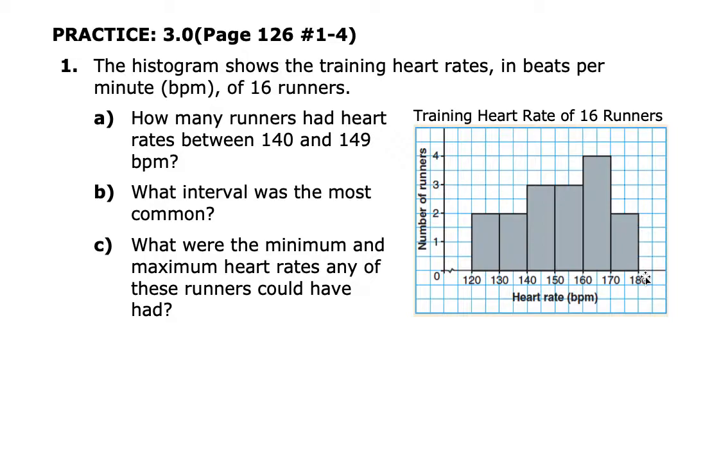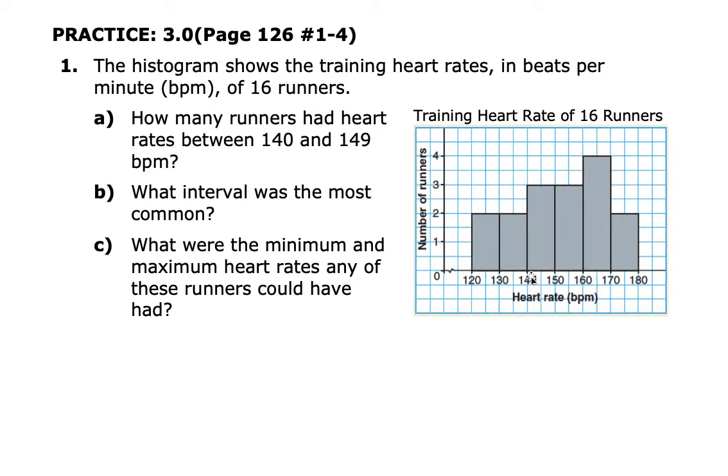So we can group data values into intervals to better understand the distribution of data. Here we see the most frequent, how many runners had heart rates between 140 and 149 beats per minute.